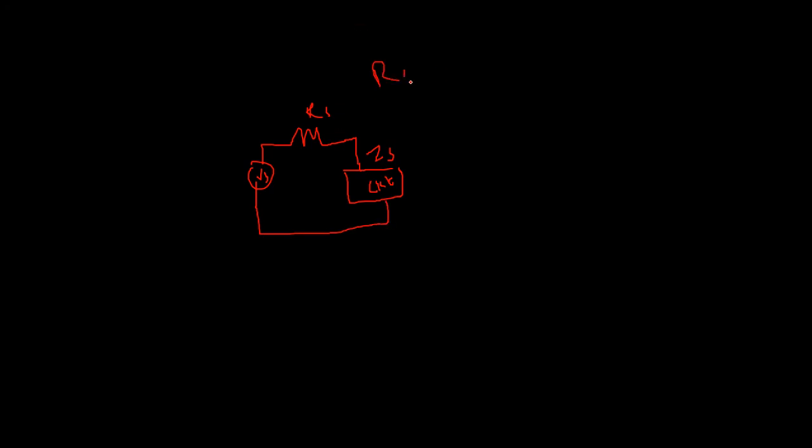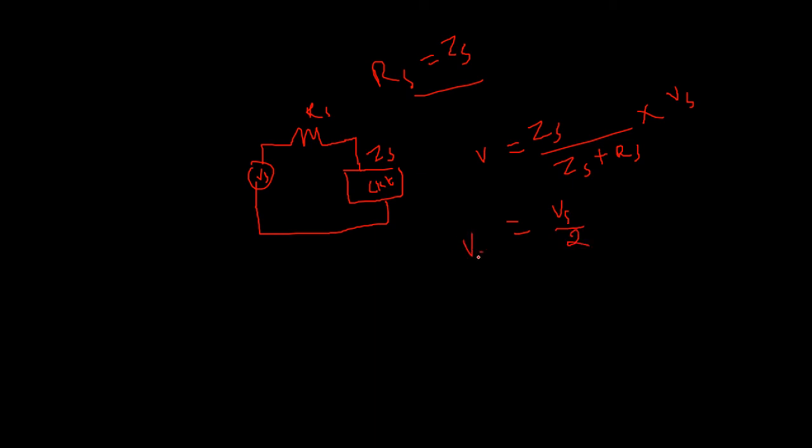So if we consider both the resistance and the impedance of the circuit to be the same, then calculating the output of this circuit, V out is equal to Zs divided by Zs plus Rs into Vs. So if Rs and Zs are both the same, you will get Vs by 2.